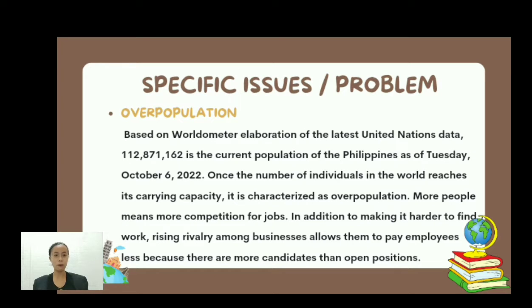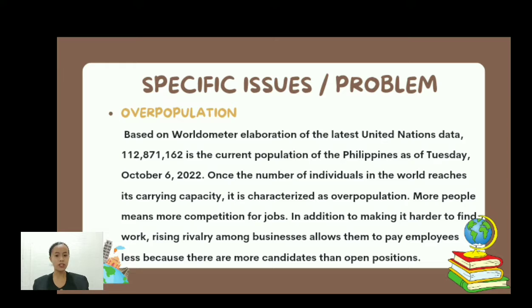First is overpopulation. Based on Worldometer elaboration of the latest United Nations data, 112,871,162 is the current population of the Philippines as of Monday, October 6, 2022.